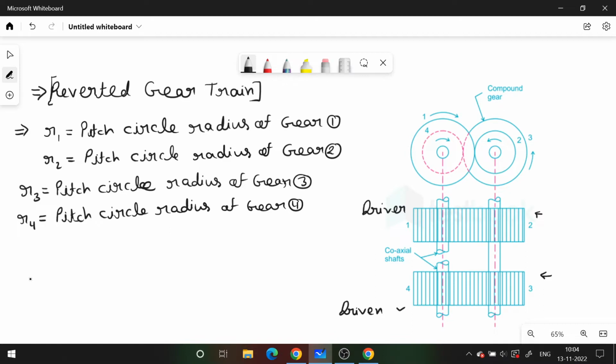Hence, a reverted gear train can only exist if the sum of the pitch circle radii of gears 1 and 2 is equal to the sum of the pitch circle radii of gears 3 and 4.